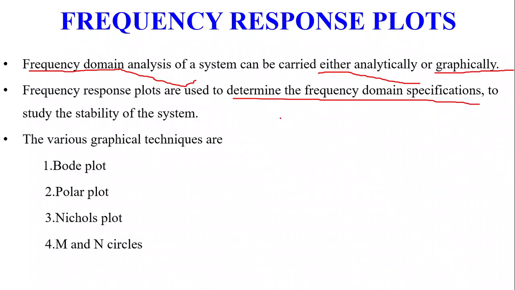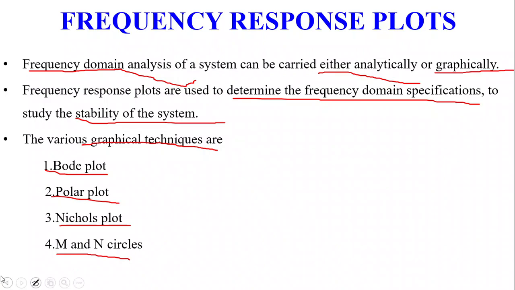We already saw the specifications in our previous slide: bandwidth, cutoff rate, phase margin, gain margin, resonant peak and resonant frequency. We find these specifications using the frequency response plots, and also use them to study the stability of the systems. The various graphical techniques used for frequency response analysis are: the Bode plot, polar plot, Nichols plot and M and N circles.